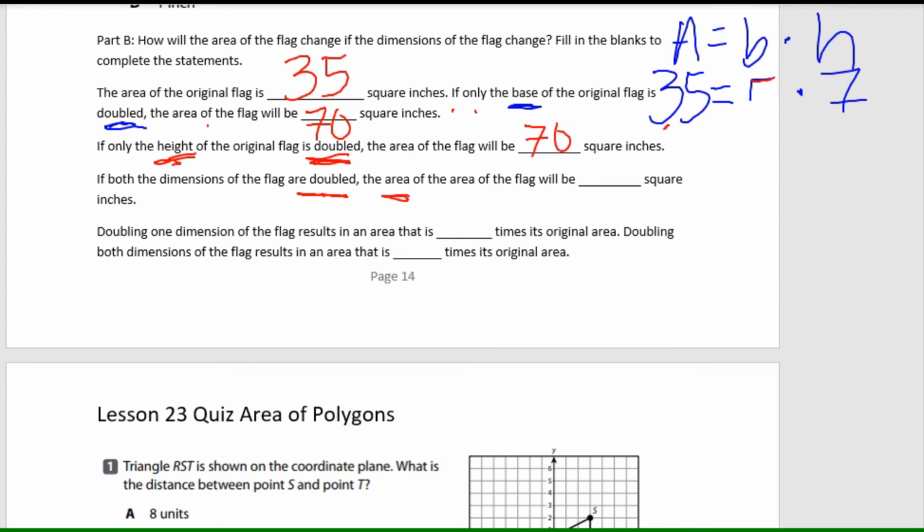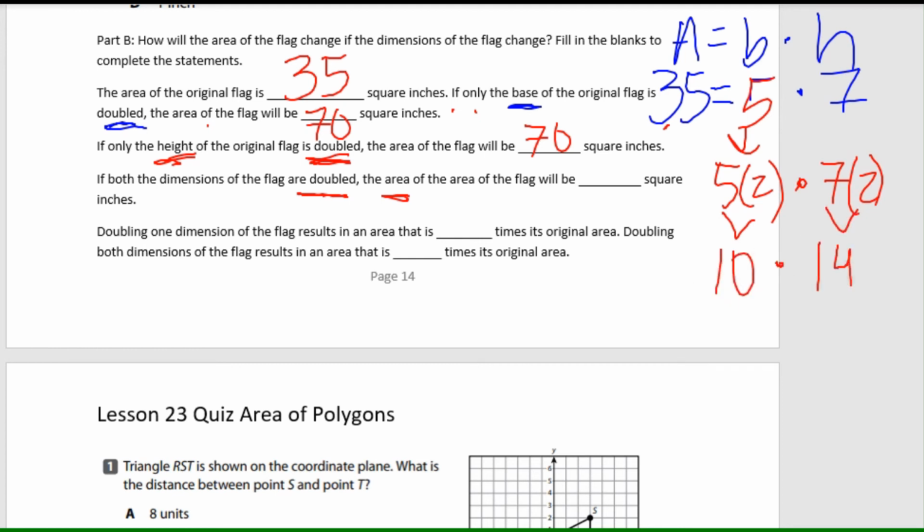So we want to double both the base and the height. What does that mean? Now we have 5 times 2 times 7 times 2. We want to double both dimensions. So we have 5 times 2, which is 10, times 7 times 2, which is 14. That gives 140. So the area, if you double both dimensions, is 140.